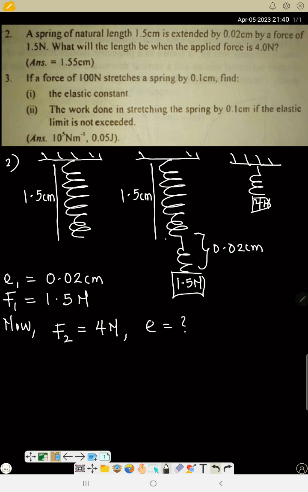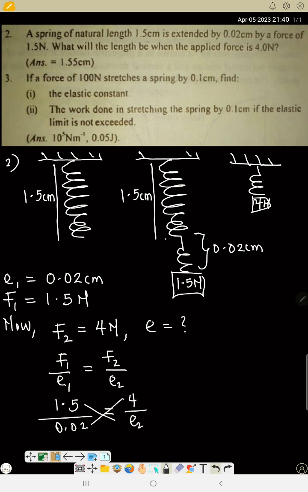So our formula now is F1 over E1 equals F2 over E2. So what is your F1? F1 is 1.5 divided by E1, 0.02, equals F2, that is 4, divided by E2. We need to know the new extension, so cross multiply.